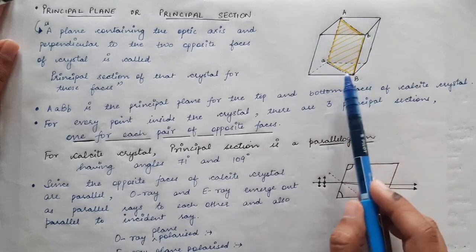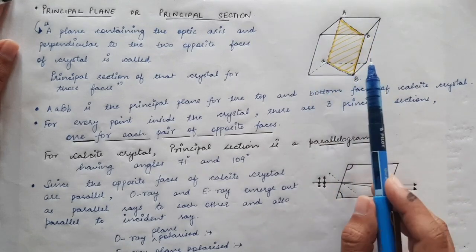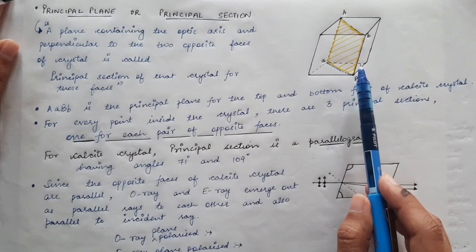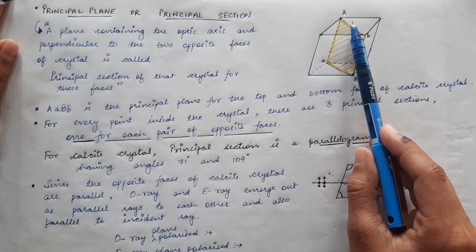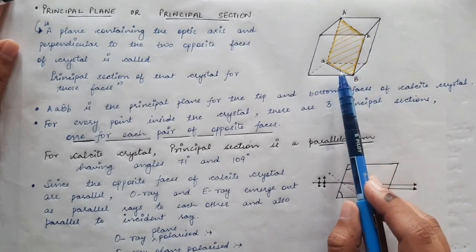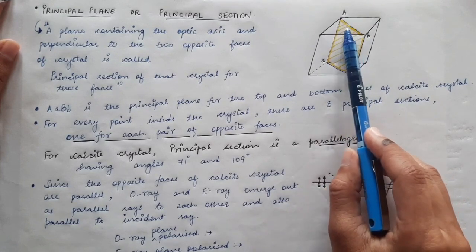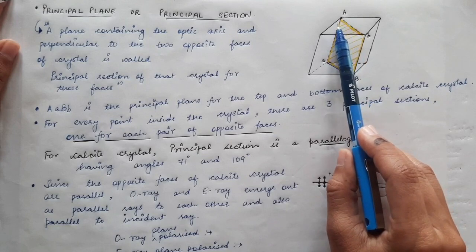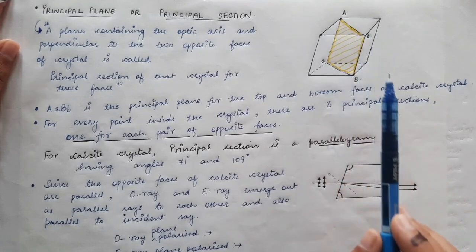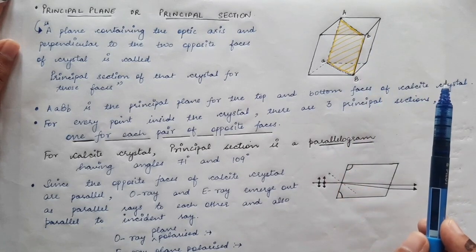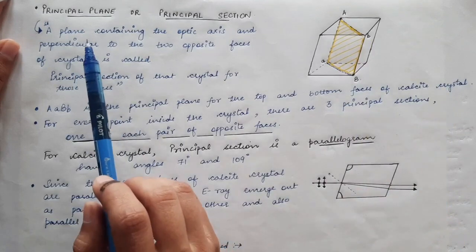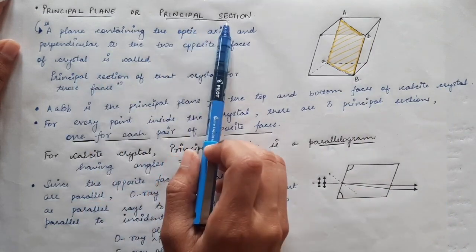Now I will draw a plane such that it is perpendicular to these two opposite faces as well as it contains the optic axis. So that plane will be the principal section of the crystal.